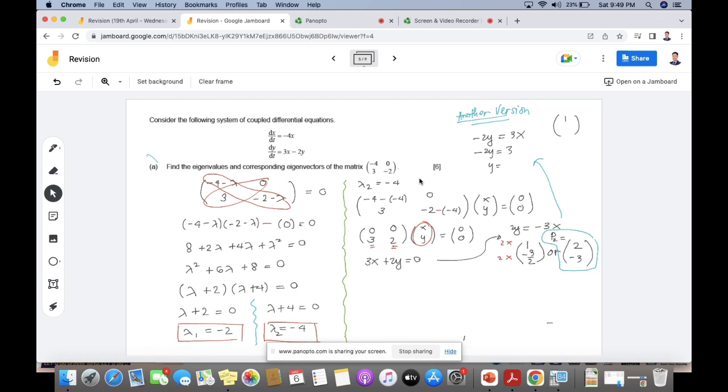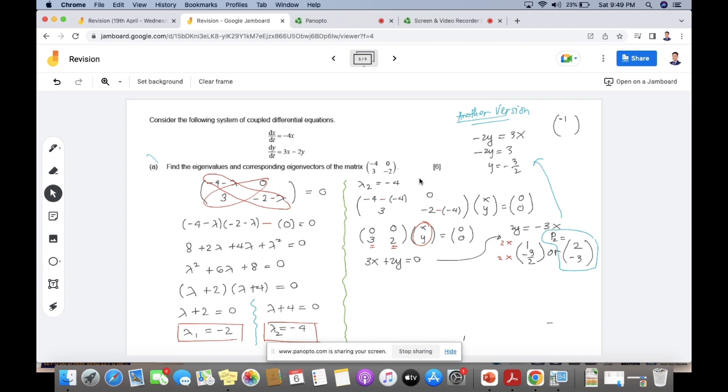It would still be negative 3 over 2. It's the same thing. Okay. Now I get it. What if I assume x to be negative 1 instead?